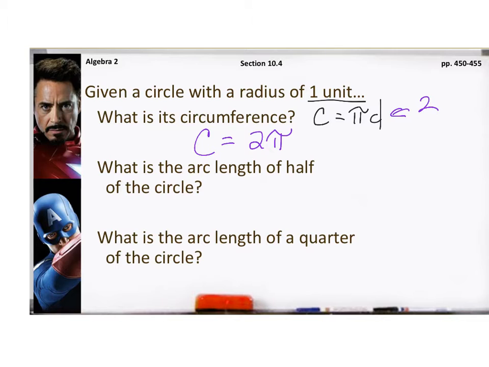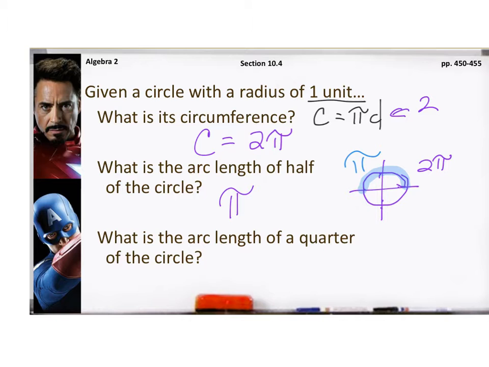What is the arc length of half of the circle? The entire circle goes out 1 unit in all directions. If the entire circle's circumference is 2 pi, half is going to be pi, so the answer to this one is just pi.